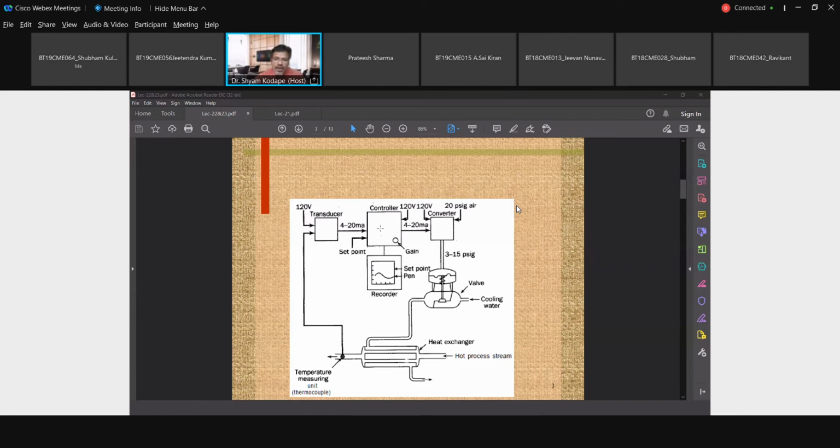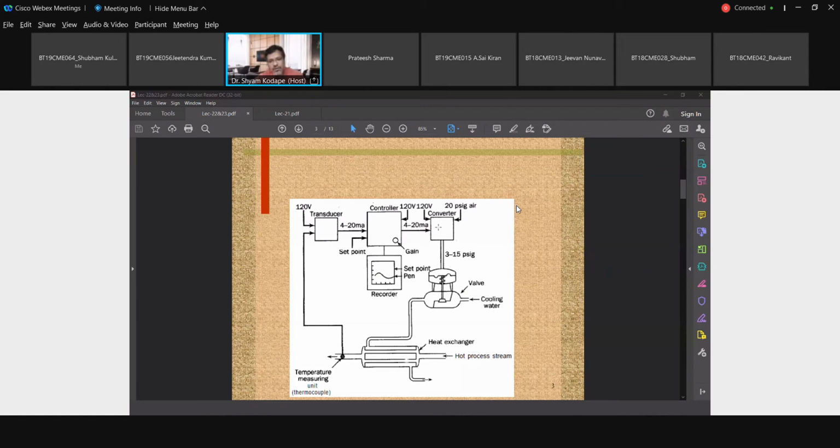That electric current will be in the range of 4 to 20 milliampere. Then the controller will sense, the calculations will take place, and the controller again sends the signals required for corrective actions, again in terms of current.